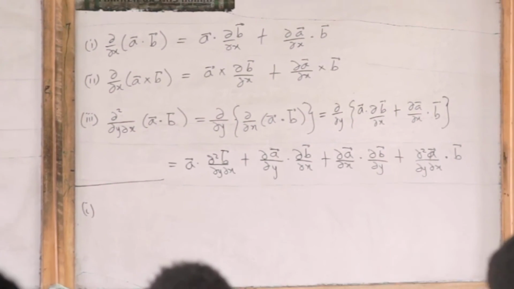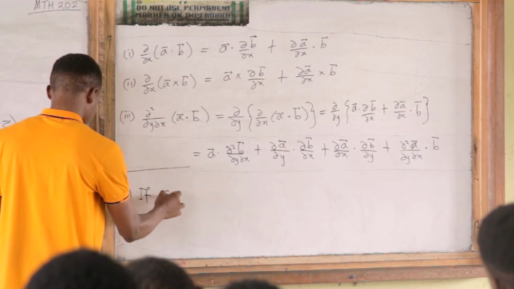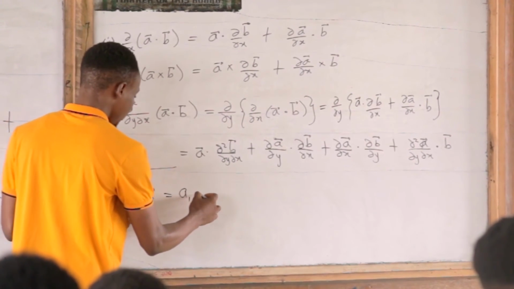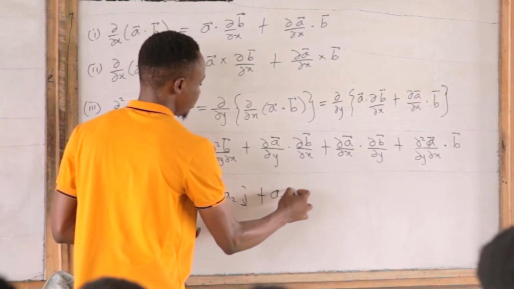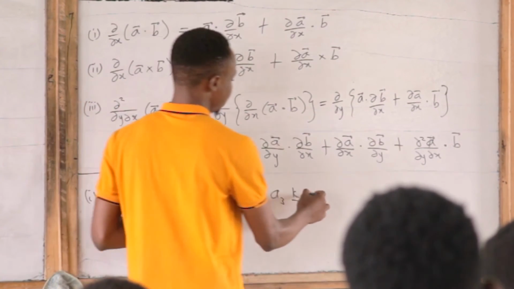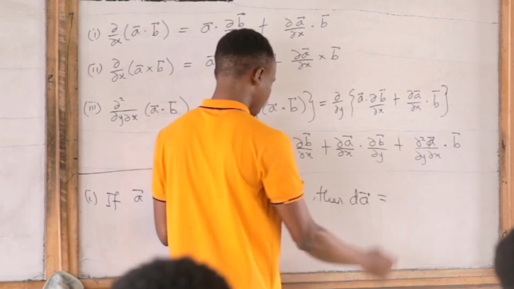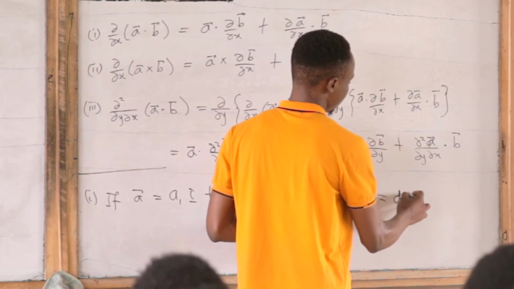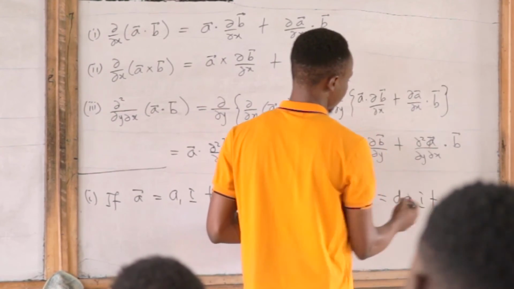Differentials of vectors. If a vector function A is equal to a1 i plus a2 j plus a3 k, then from our knowledge of MTH 201, A is a vector.